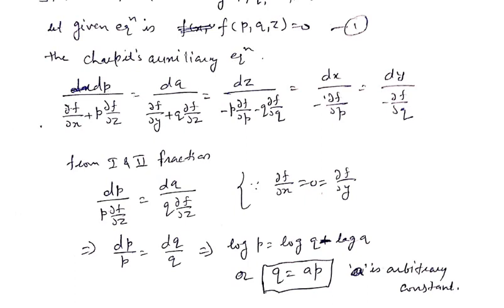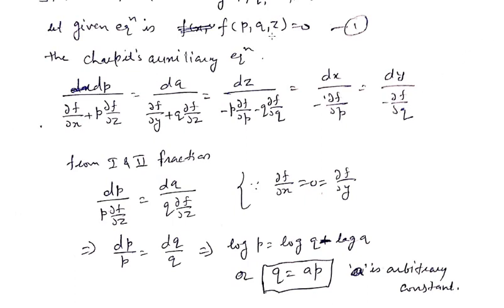It is dp upon del f upon del x plus p del f upon del z equals dq upon del f upon del y plus q del f upon del z equals dz upon minus p del f upon del p minus q del f upon del q equals dx upon minus del f upon del p equals dy upon minus del f upon del q.